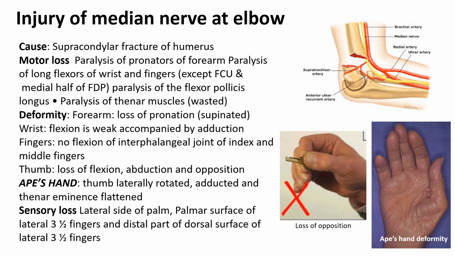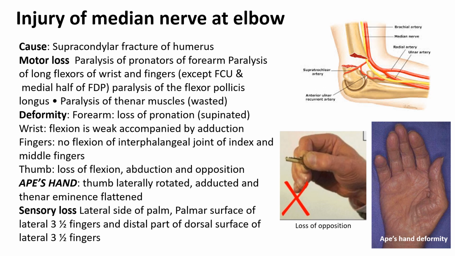Injury of median nerve at the elbow can usually occur due to supracondylar fracture of the humerus, or it might also occur from a penetrating wound in the cubital fossa. Motor loss, there will be a paralysis of all muscles supplied by the median nerve, starting with flexor compartment of forearm, except the flexor carpi ulnaris and medial half of flexor digitorum profundus.